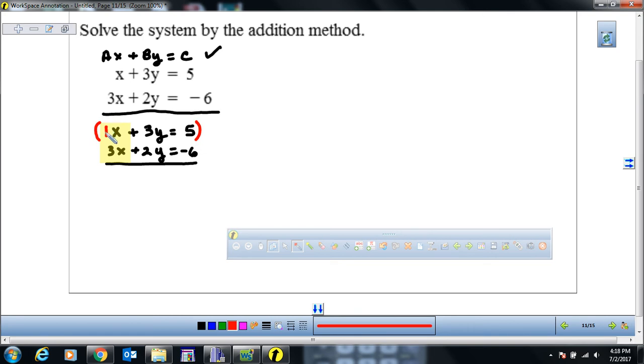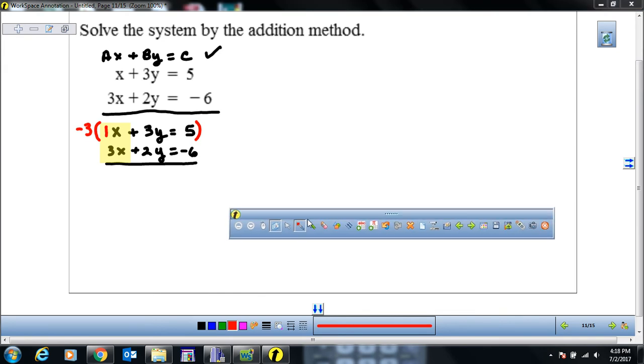The opposite of 3 is negative 3, so all I have to do is multiply by negative 3, and that way it's going to become the opposite of the bottom. That's basically what the second step is: making the same number, opposite signs, by multiplying one equation or both by a number.